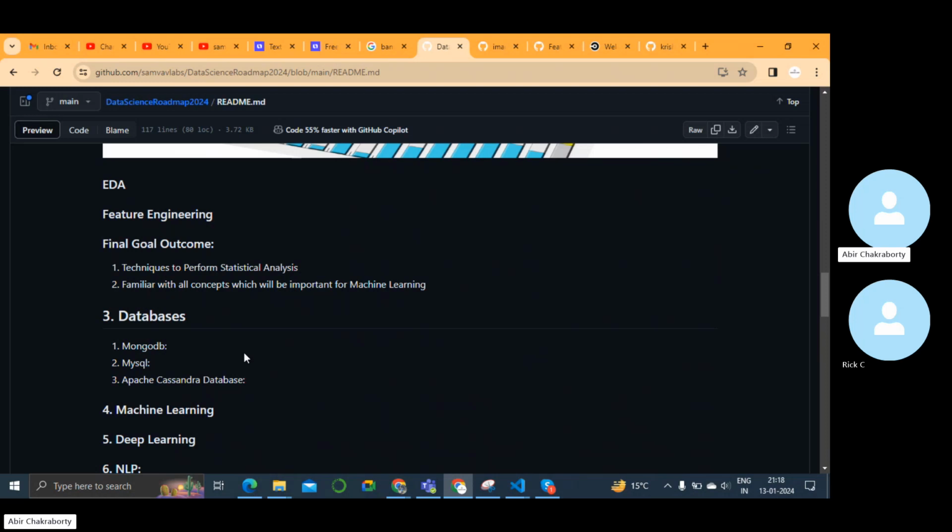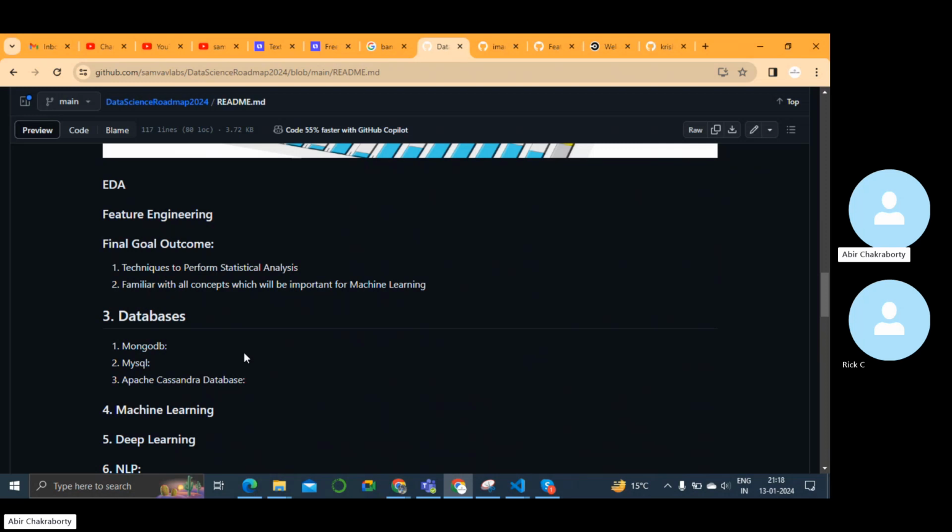Hence, we would be learning these databases also in the middle, because what happens is at a stage of learning this data science and all the feature engineering, machine learning and deep learning concepts, we tend to ignore this concept of databases.